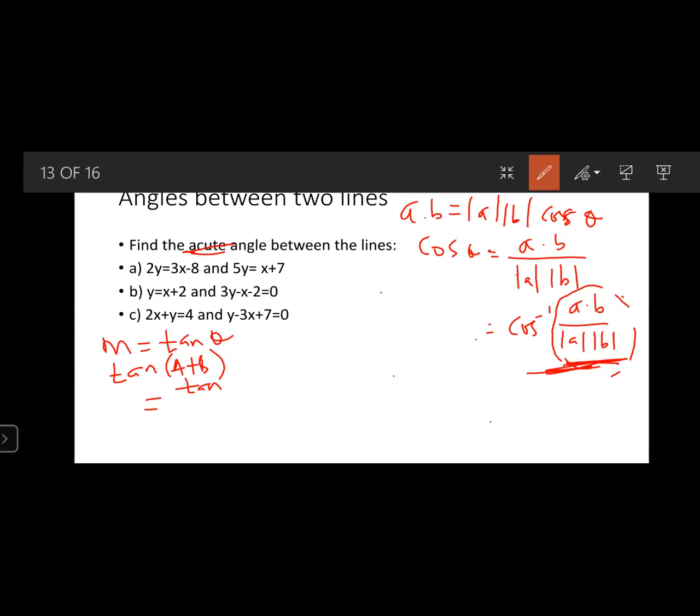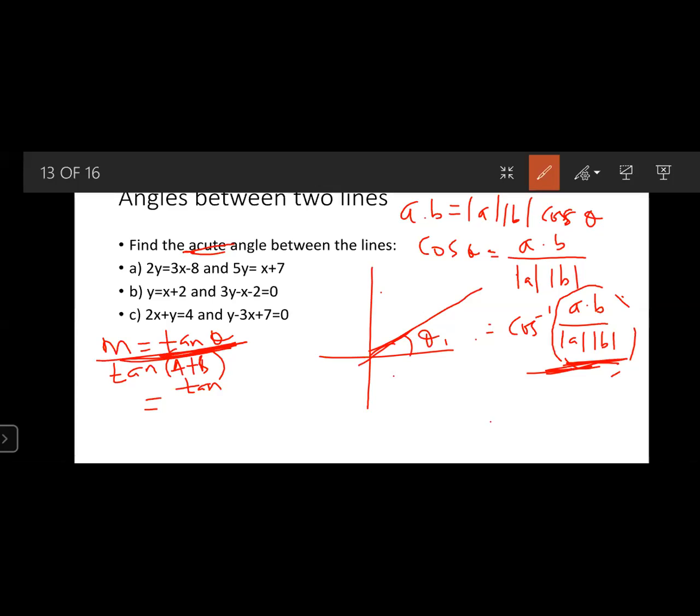So what happened is that if you have this, the angle that we find, the first one, if we want to find the angle, that's what we did before, we said the gradient is tan theta. Let's assume that the angle this one makes is theta 1, from here to here. We use tan theta to get that.